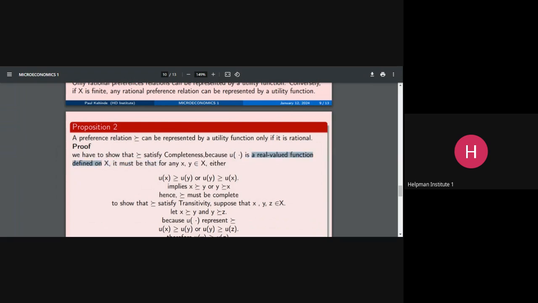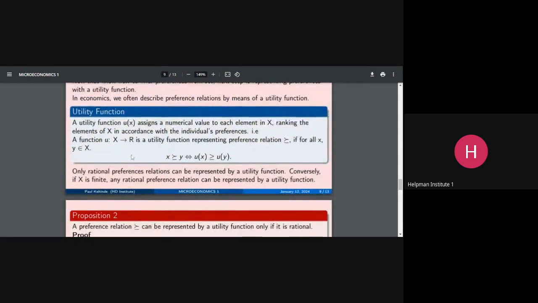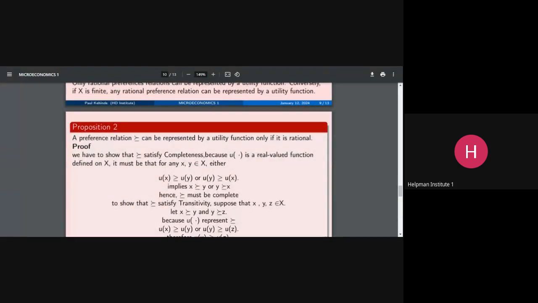Because this U is a real-valued function defined on X, this expression represents what I have here. Like I said, U is defined on X and maps to a real number. So it must be complete for any value I pick here.